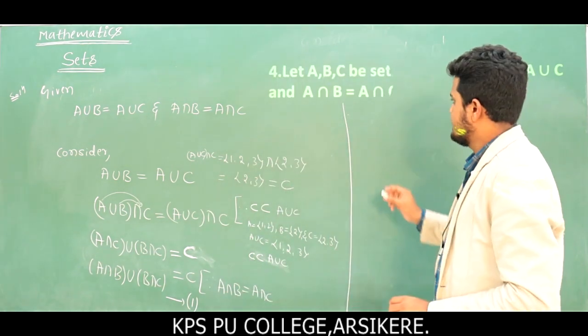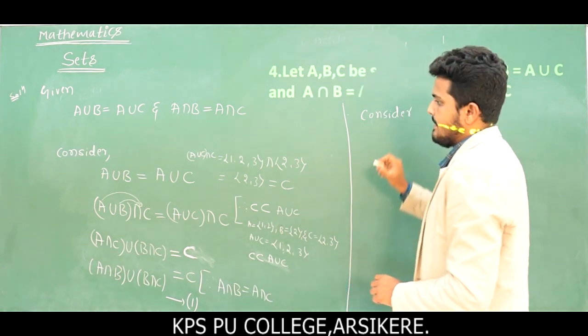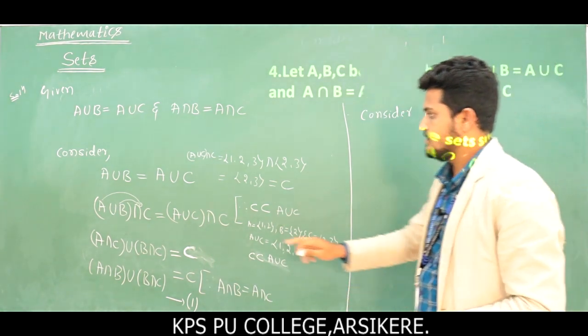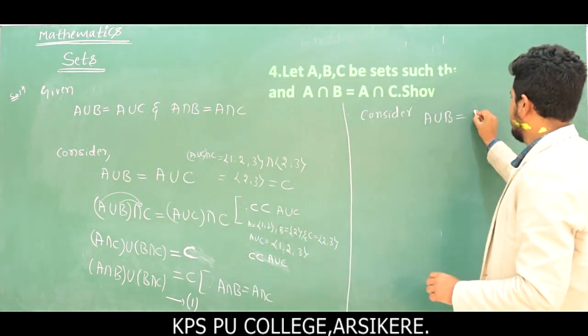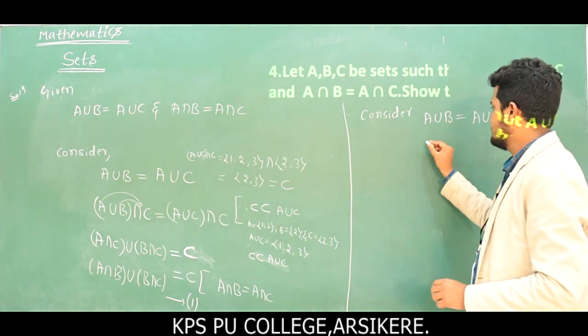So next, again consider A union B, which is equal to A union C. Again intersection B on both sides.